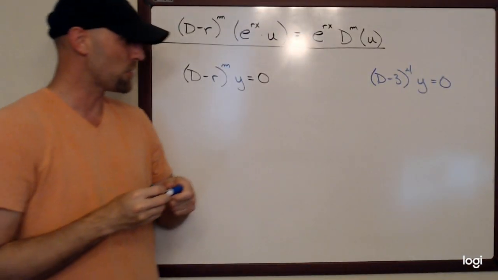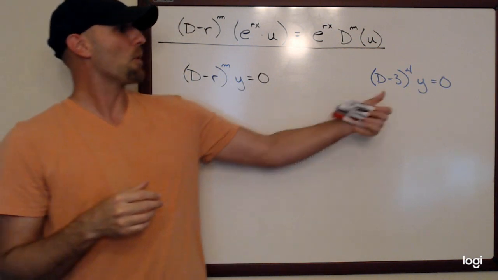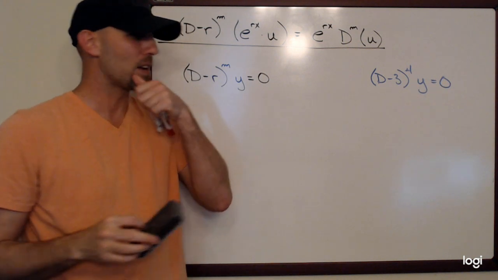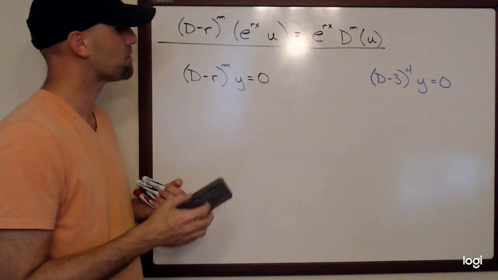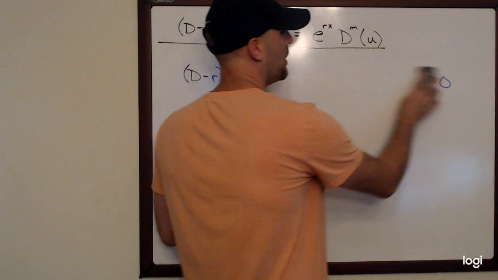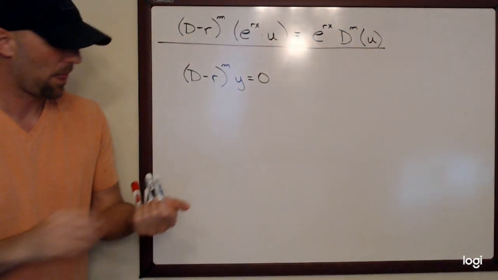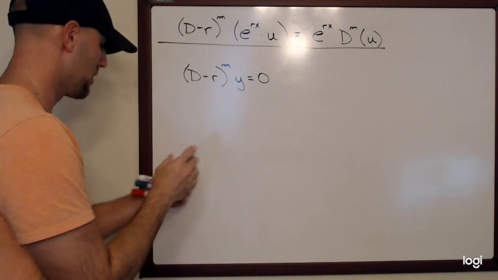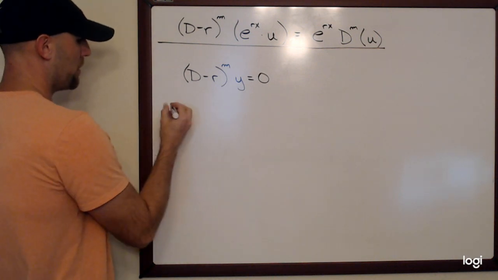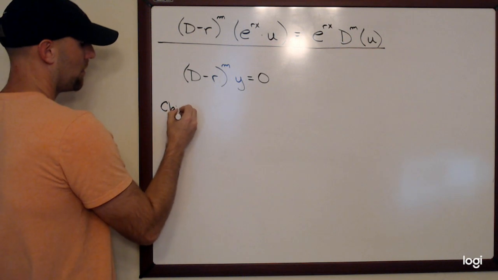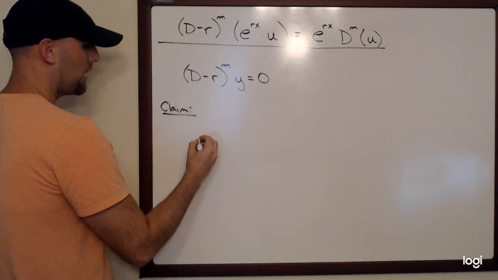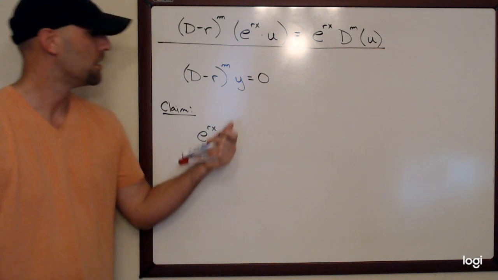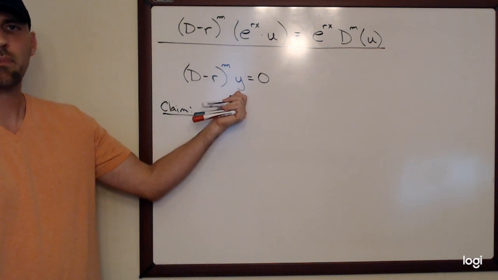And so, of course, my question then is, okay, so you have those roots, but what are the polynomial roots here? Well, I claim that the following are roots to this polynomial. I claim that e to the rx is a solution here, right?